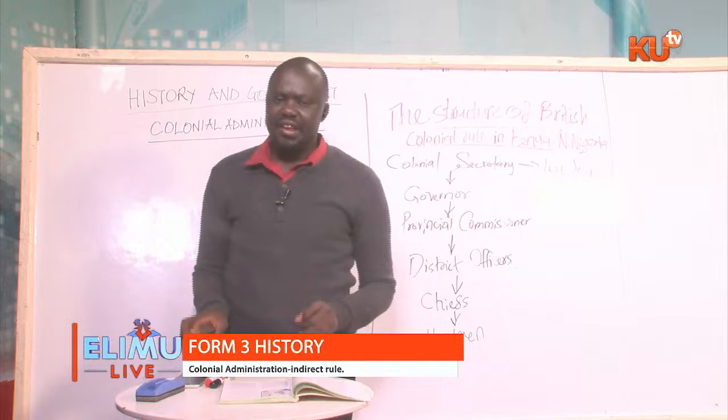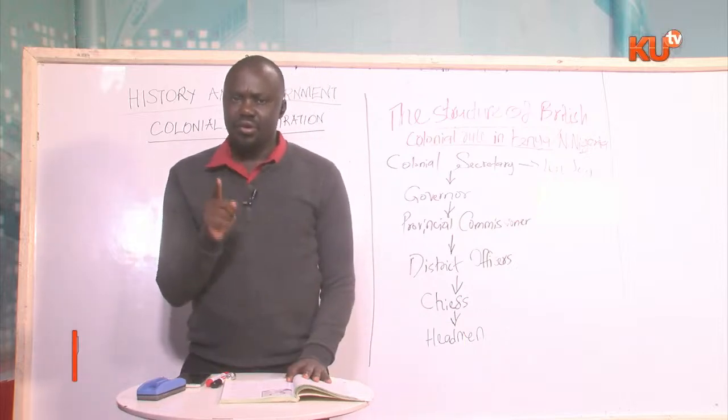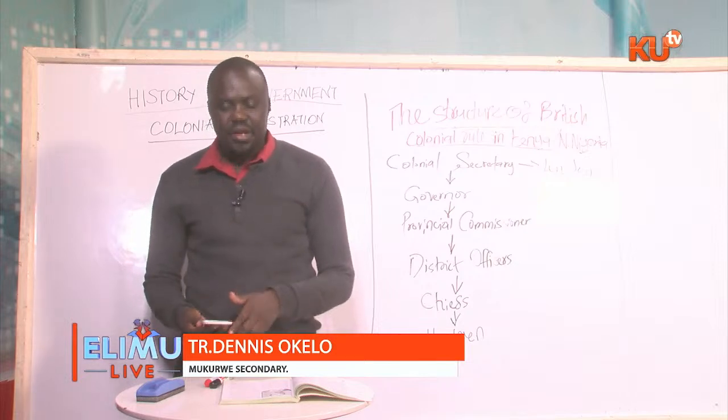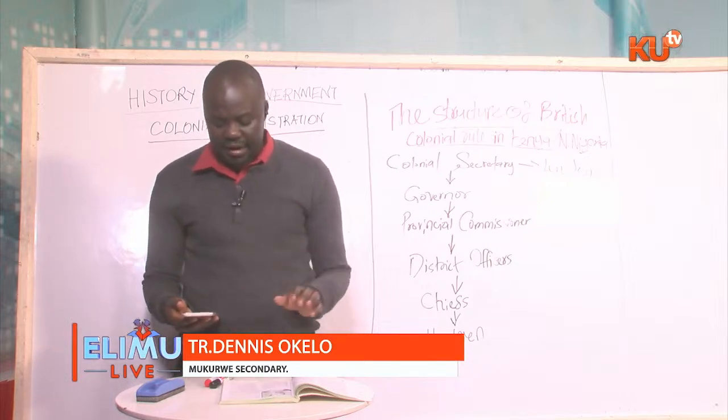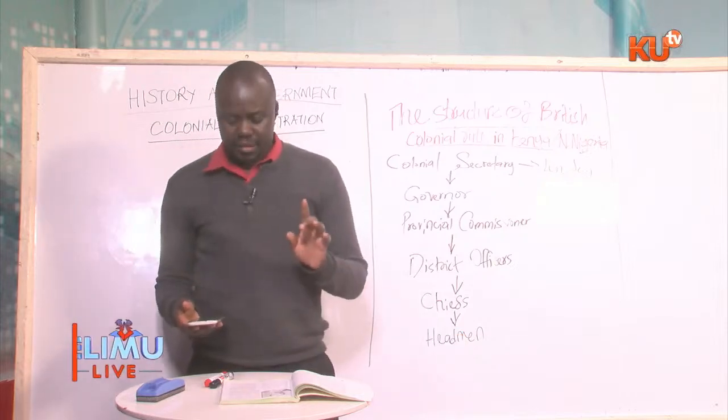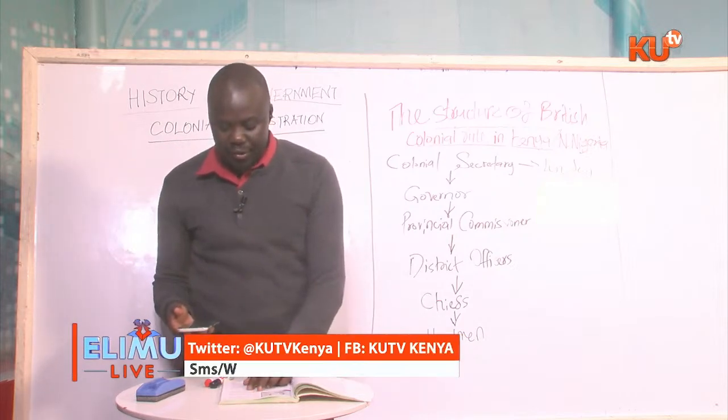Now, these British residents were attached to every emir in northern Nigeria. Their work was to safeguard the emirs and check if they were abusing power or not.